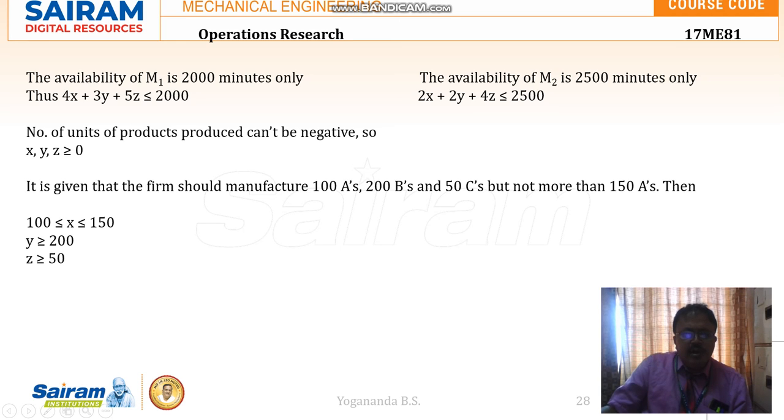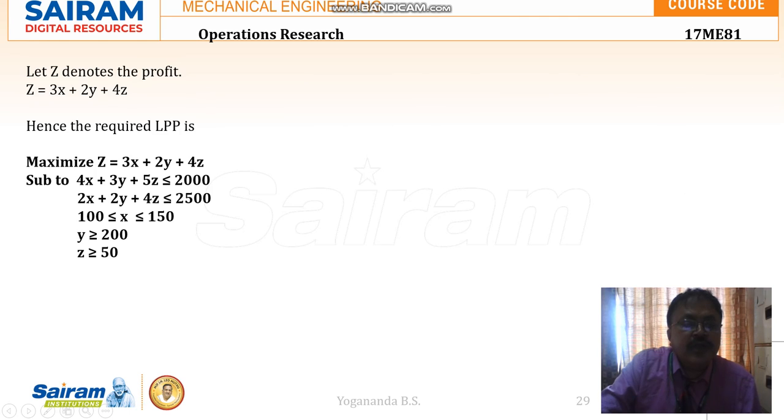And 200 units of B's must be produced, so Y is greater than or equal to 200, and 50 C's should be produced, so Z is greater than or equal to 50.